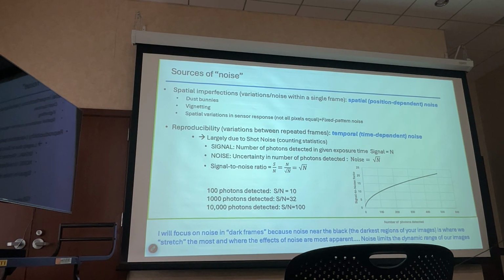I can explain that later if you want. If I collect 100 photons in my signal, I will have 10 photons of uncertainty due to shot noise. I can predict that exactly. It comes straight out of the laws of random statistics.